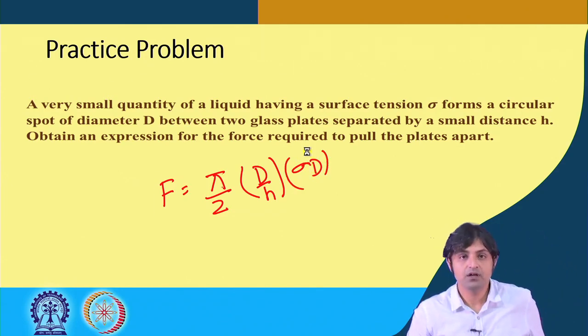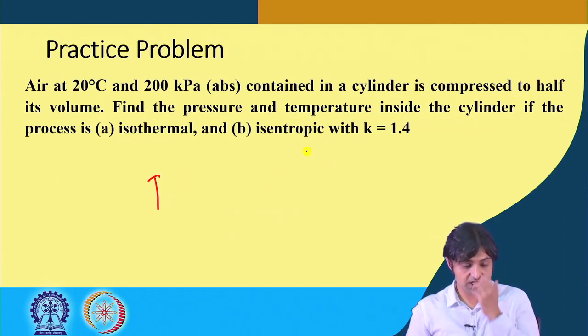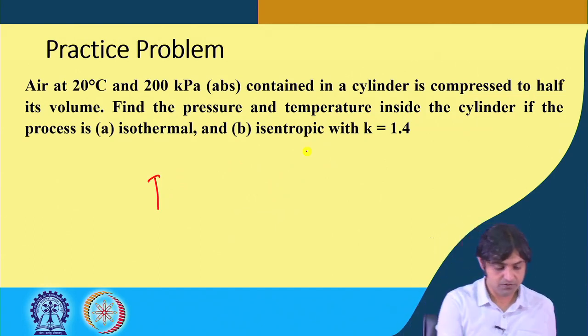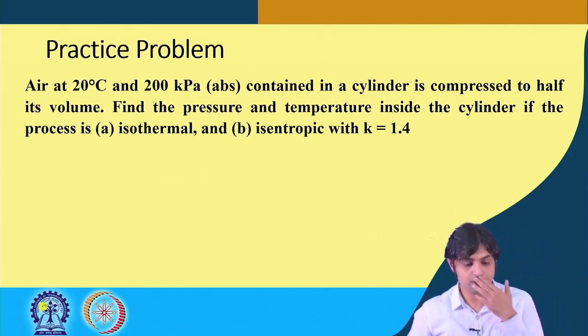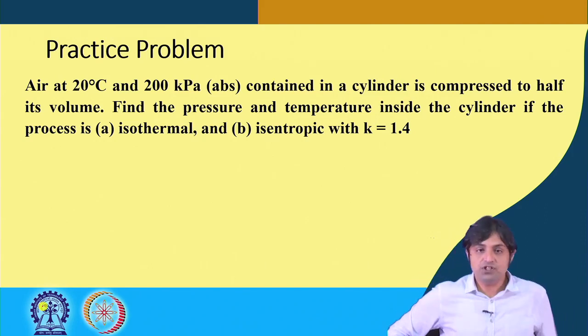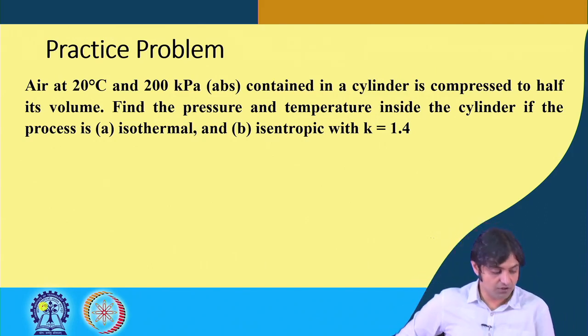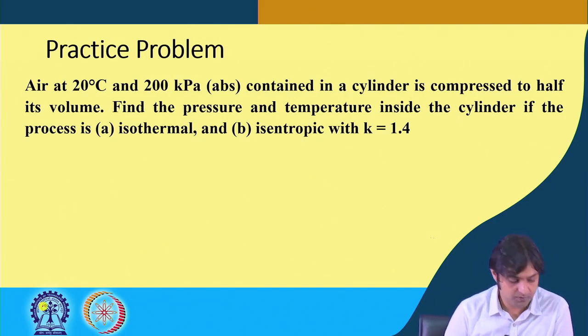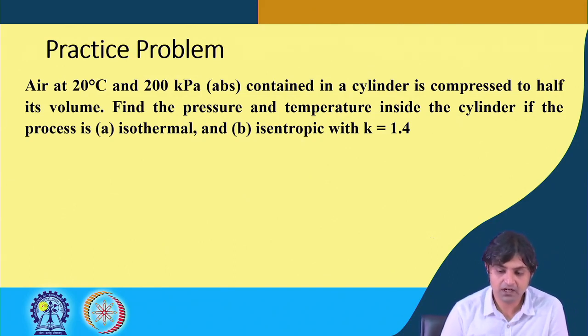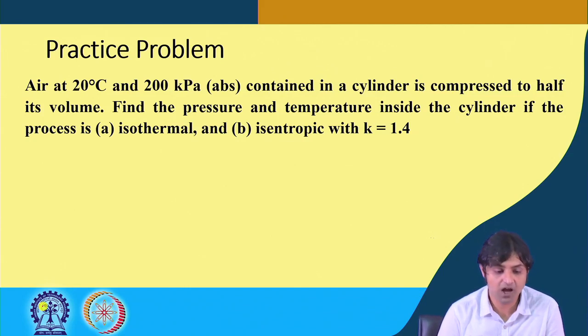Okay, now we go to our next problem, that is related to the air and the compression, so mainly related to the gas laws. So air at 20 degrees centigrade and 200 kilopascal contained in a cylinder is compressed to half its volume.